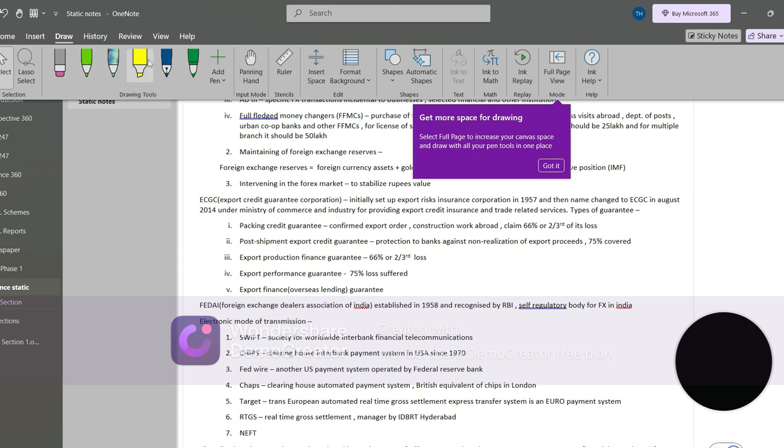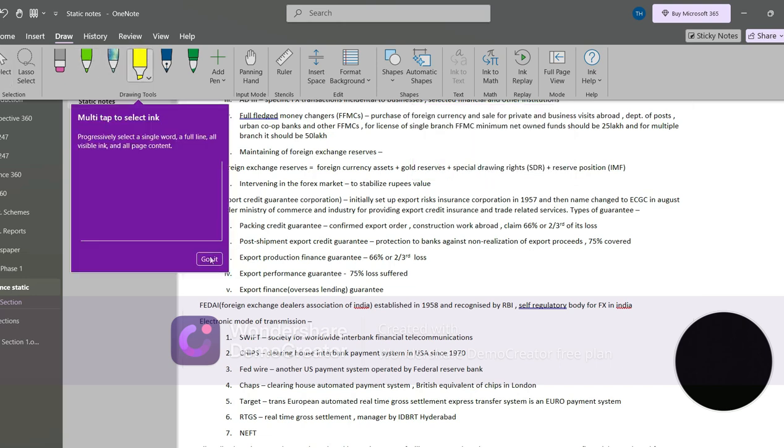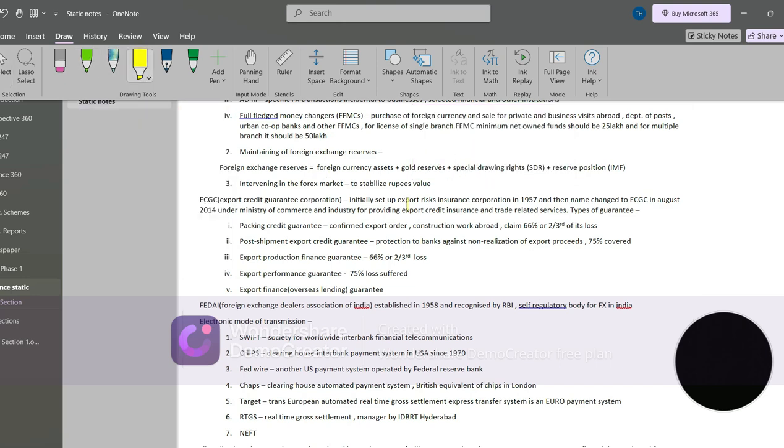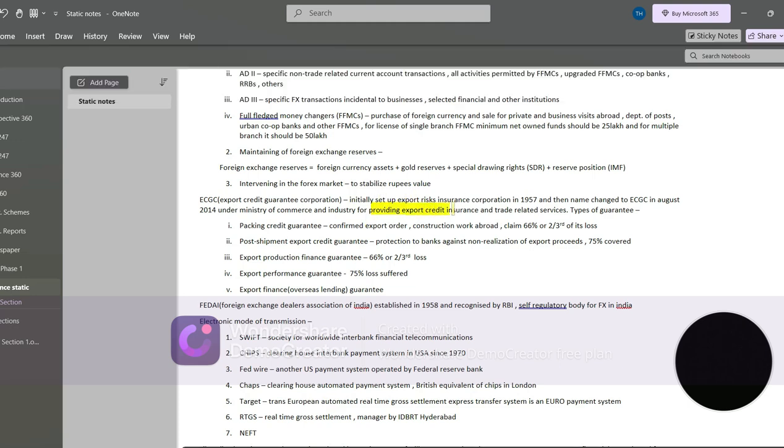Basically, it provides export credit insurance and trade related services. It actually provides guarantees. It provides types of guarantee to export credit insurance and trades.